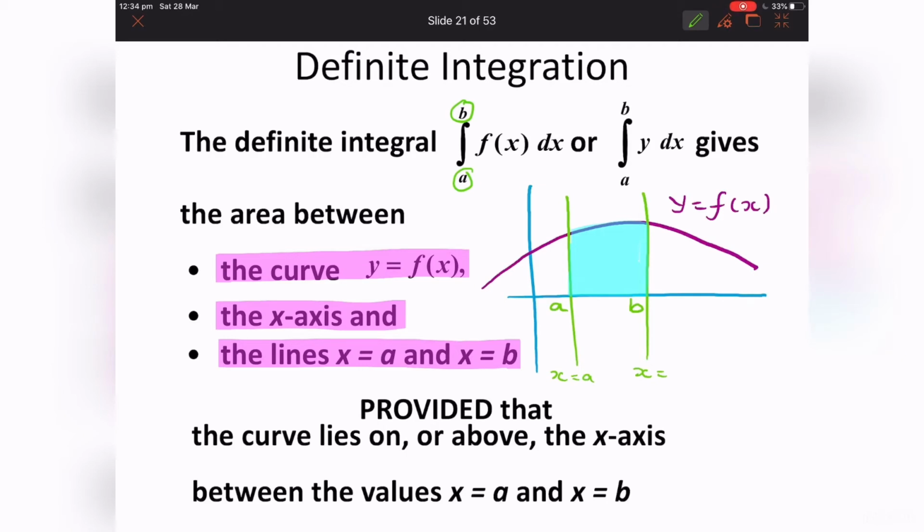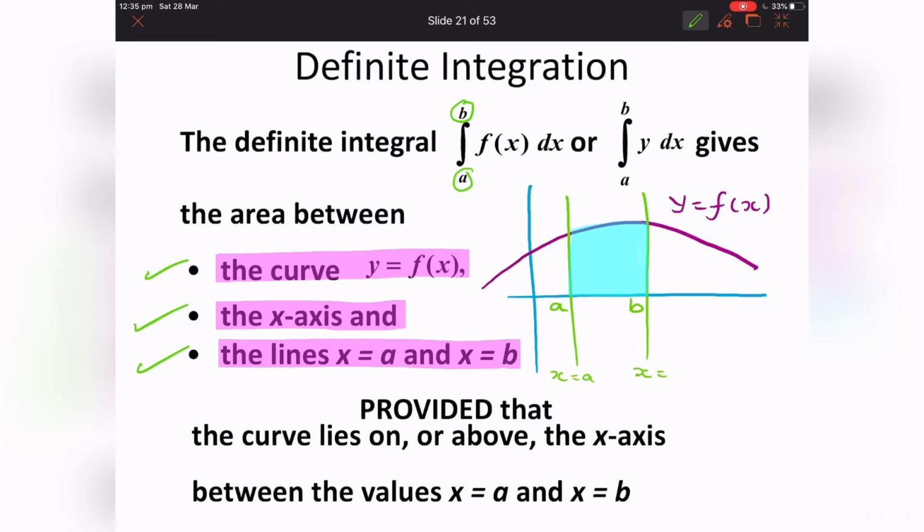The integral of f of x dx, or maybe you see it as the integral of y dx, when you integrate the function with the limits, gives us the area under that curve or function. The area will be only between the curve and the x-axis and the lines where x equals a and x equals b.